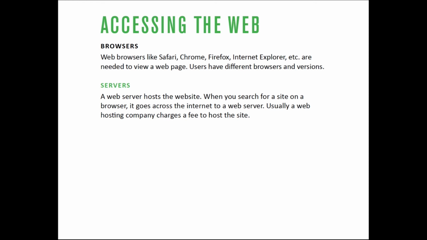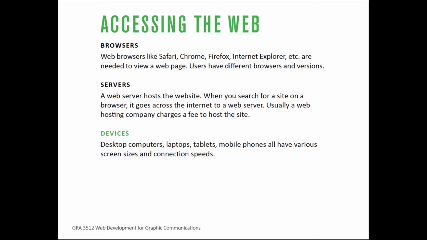So when you're searching for a site on a browser, such as Chrome or Safari, it goes across the internet to a server, and most of you will be using our web server through AppState web host, but you can also use other hosts, and you can pay to use a web host that will host your site if you pay for a domain name. So I mentioned before I've used GoDaddy and iPage, and then I pay a monthly fee to use their server, and they're hosting my website or websites.